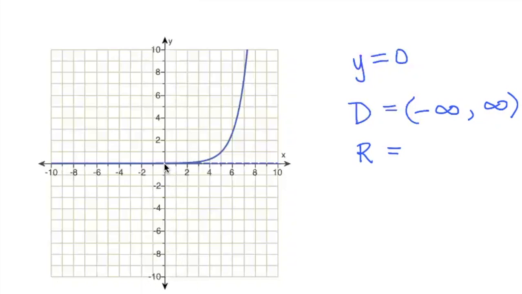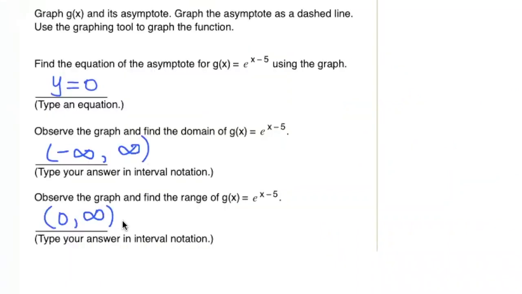Therefore, the lowest y-coordinate I can find is almost 0. I need a round bracket because 0 is an asymptote. We're never really going to equal it, but we're going to get close. So that's why there's a round bracket. And then the y values continue rocketing upwards to infinity. Be really careful with your brackets in my math lab. And we're done.